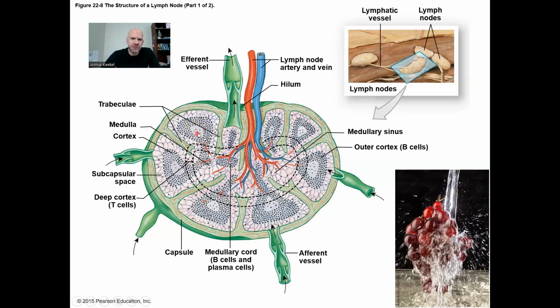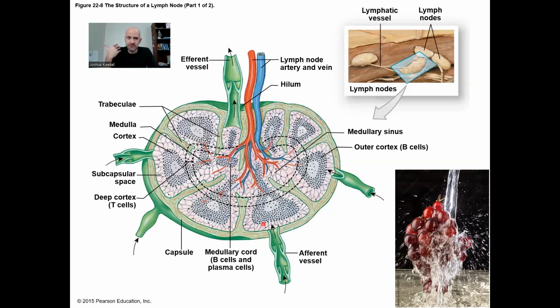Okay, so here's a germinal center, here's a germinal center. And in this outer part of the cortex, we have collections of B cells. B cells live here. The T cells are living closer to the deep cortex. And so an antigen-presenting cell, like a macrophage or dendritic cell, could arrive into the lymph node and then begin displaying or presenting its antigen to any of these B cells or T cells.